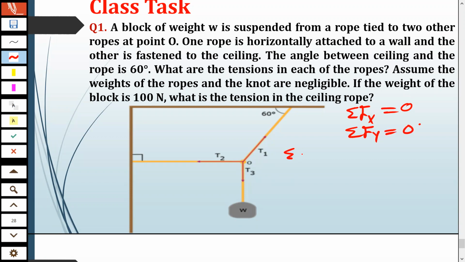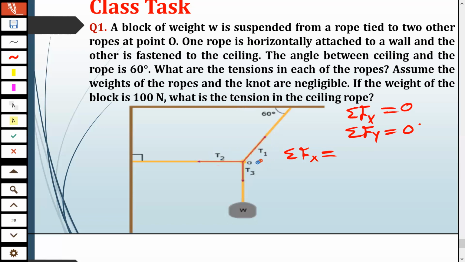So we start with the summation of forces in the x. In the x, we start with T1. The x component of T1, since the angle is there, we can get that as 60 degrees as well.